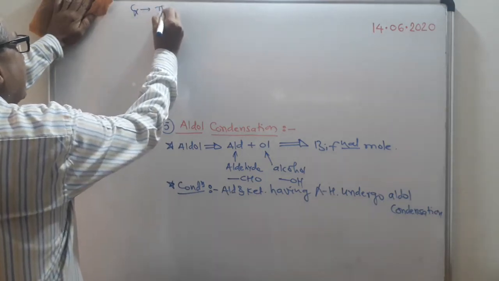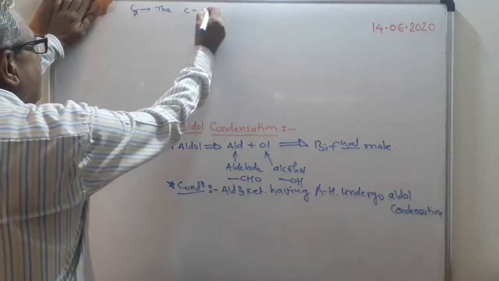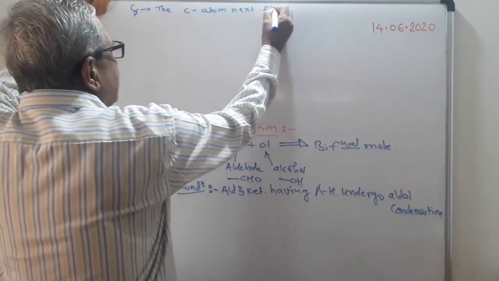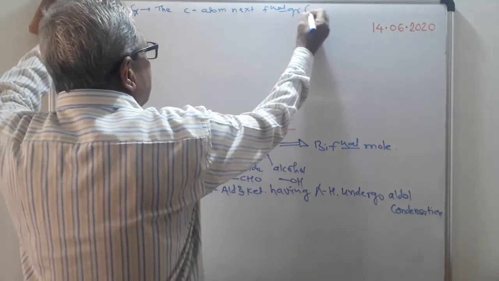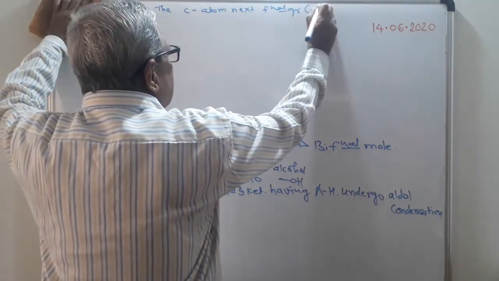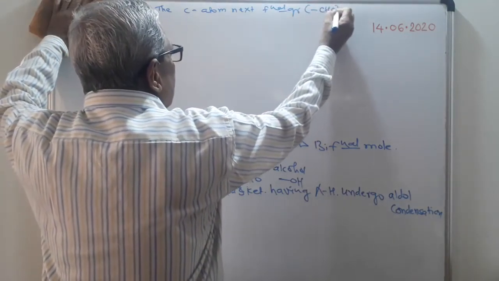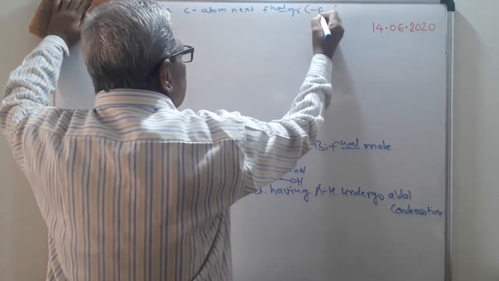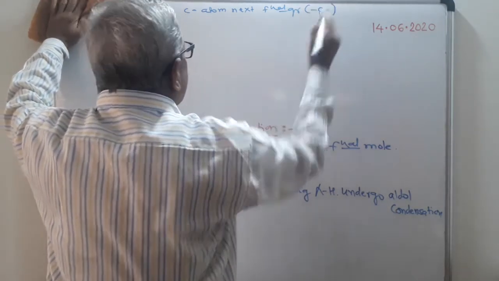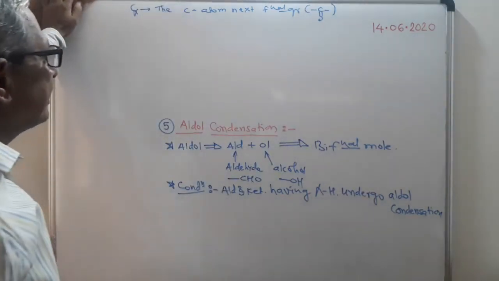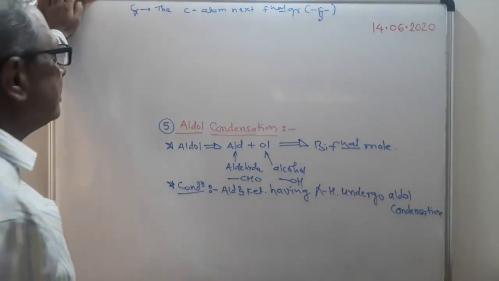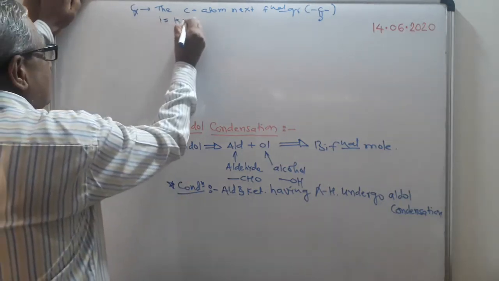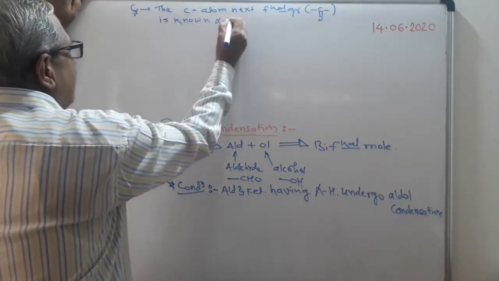The carbon atom next to a functional group, any functional group, here the functional group is CHO or C double bond O. In aldehyde CHO, in ketone C double bond O. The carbon atom next to the functional group is known as alpha carbon.